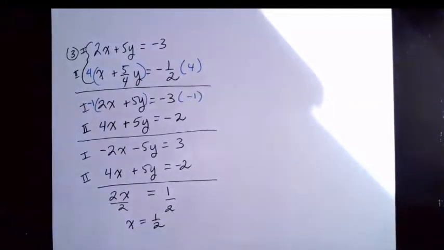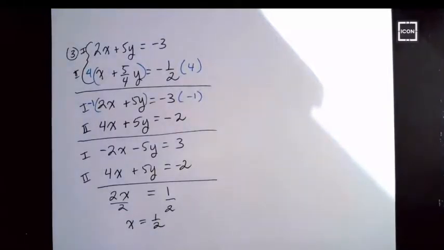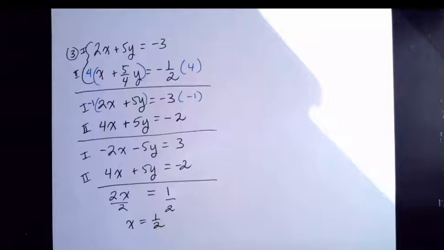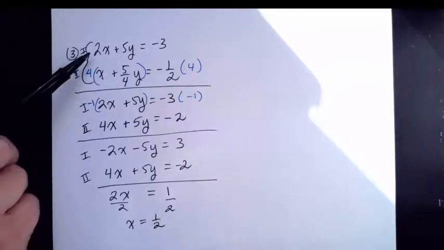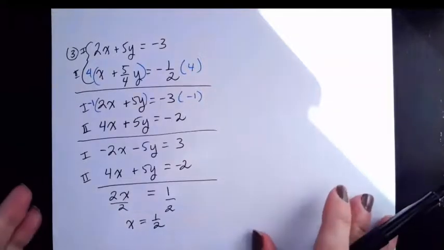All right, so let me go ahead and find the y value that goes with this. I could use either equation to find the y value. Maybe I'll stick with the first equation because the coefficient of x will cancel out that fraction. So maybe it'll help me avoid some fractions there.